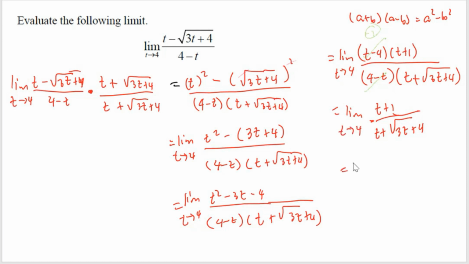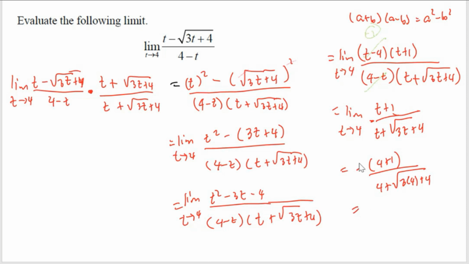4. Now we are going to replace t by 4. So we have the negative of 4 plus 1 over 4 plus the square root of 3 times 4 plus 4.